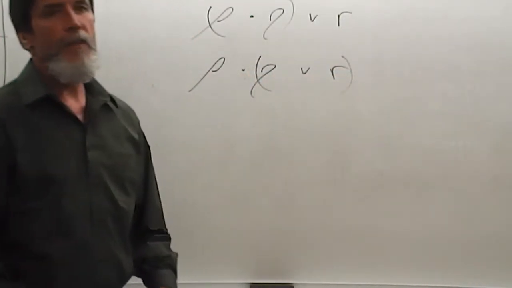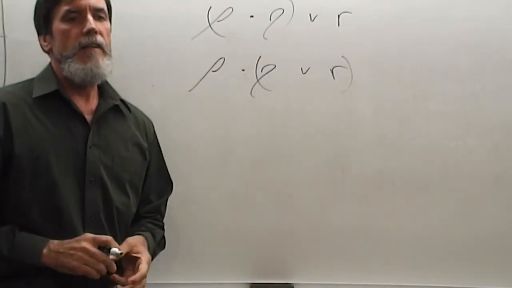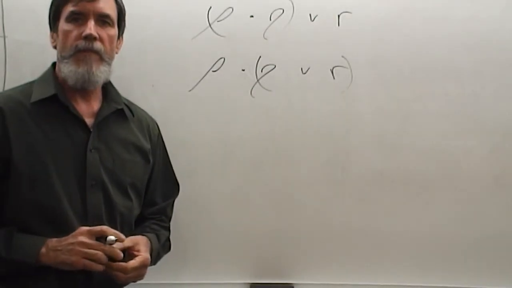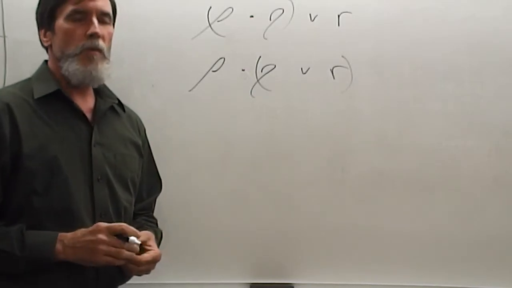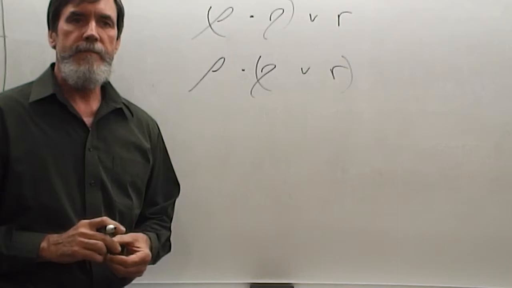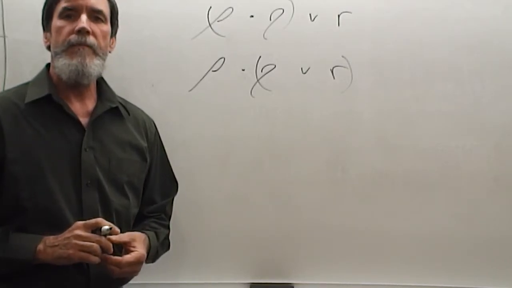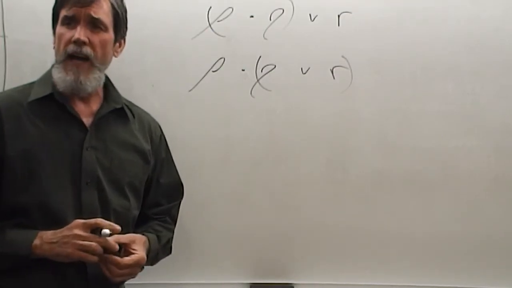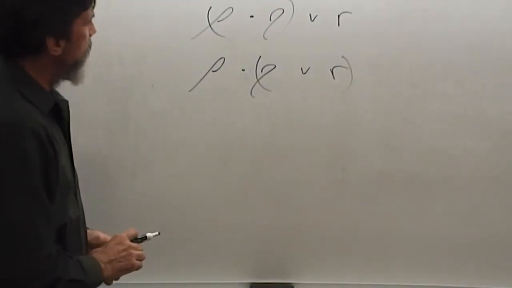Were they around those other variables, that would identify this statement form as a conjunction, whose right-hand conjunct is a disjunction. As these get more complex, we might have to resort to higher orders of punctuation.